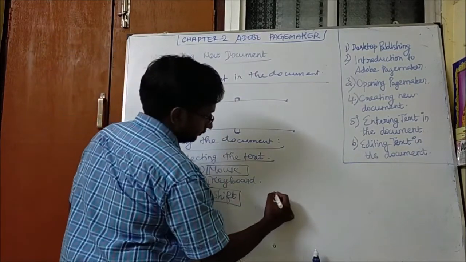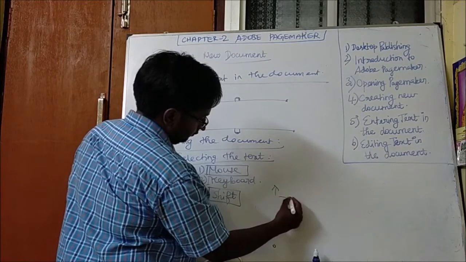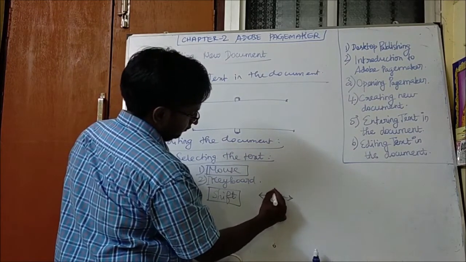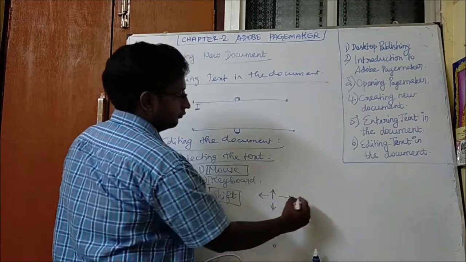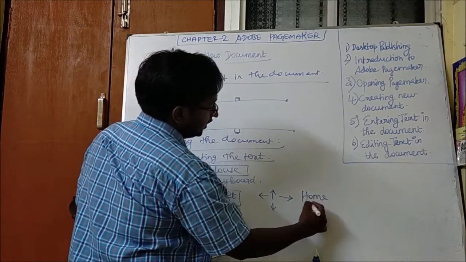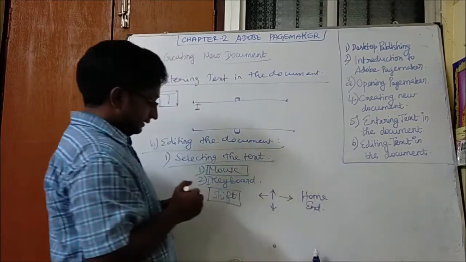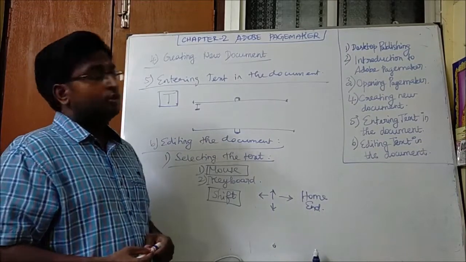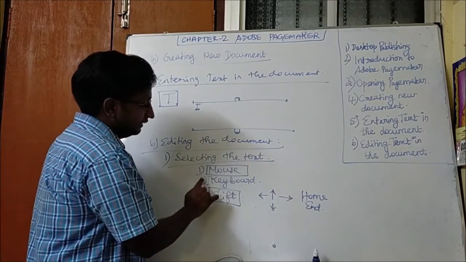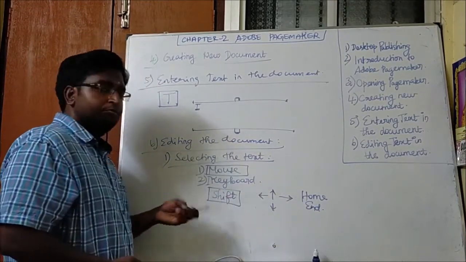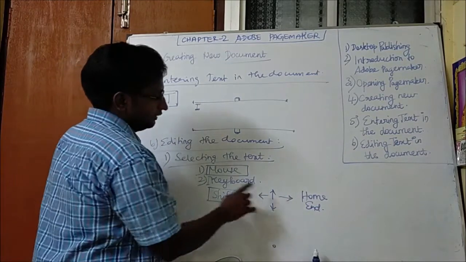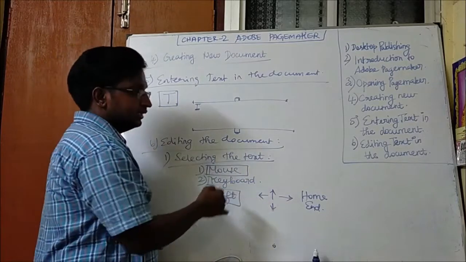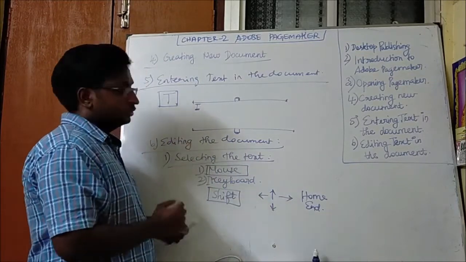You can use these 6 additional keys with the shift key. If you want to select the text towards the right, you press the shift key and the right arrow. If you want to select towards the left, you press the left arrow.